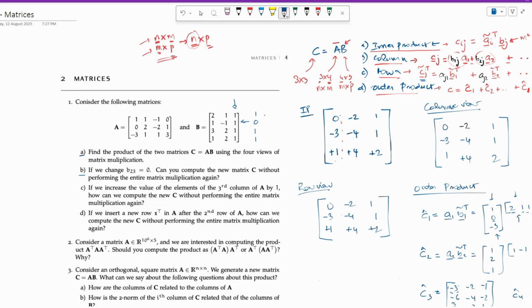Add all the columns except the third one. No, it will be 2, 3, 1. The third column of C. So 1 plus 1 plus 0, 0 plus 2 plus 1, minus 3 plus 1 plus 3. 2, 3, 1.